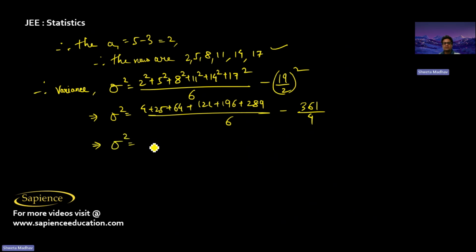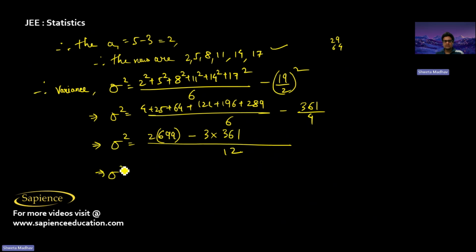And sigma square will be equal to, now the LCM is 12, so this should be 2 into 29 plus 64 plus 121 plus 196 plus 289, minus 3 into 361.